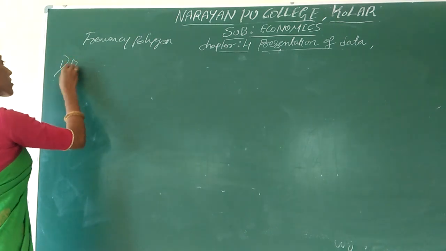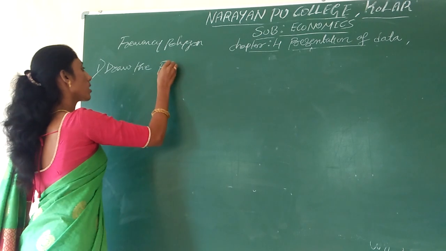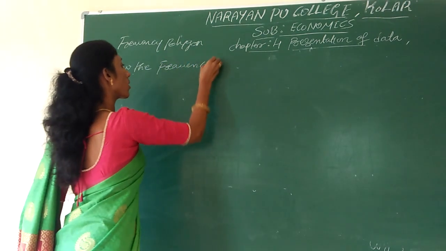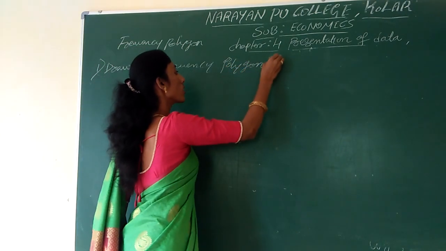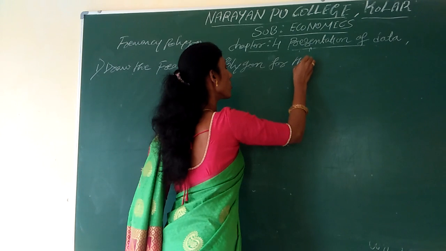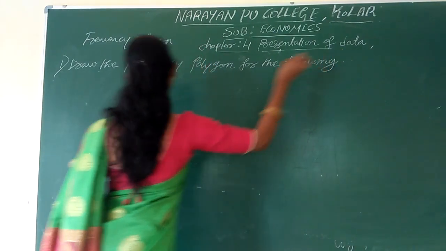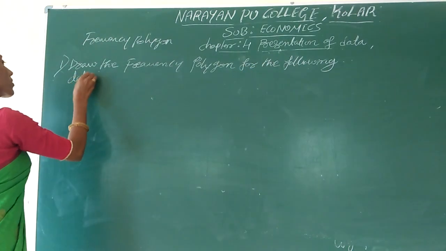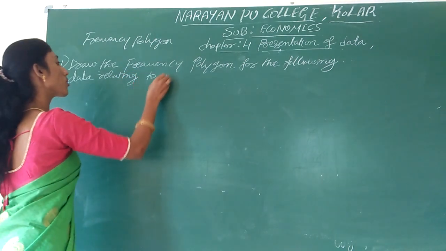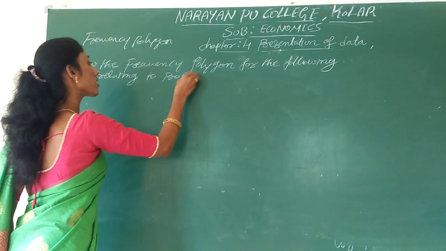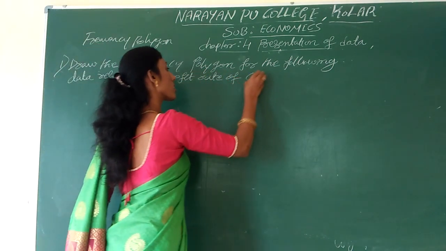In the first question, draw the frequency polygon for the following data relating to the profit rate of companies.